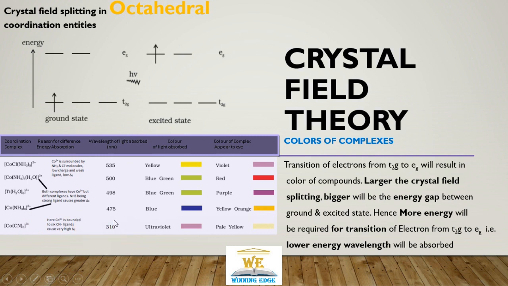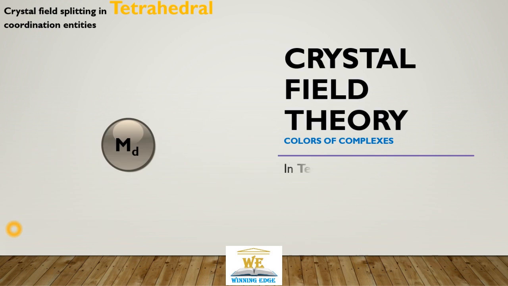Energy absorbed is 310 nanometer, which lies in the ultraviolet region, and the color is pale yellowish, a very pale color we observe. So the observed color will be complementary to the absorbed color. And the wavelength will reduce as the ligands bound to the metal atom of the same charge are strong field ligands.